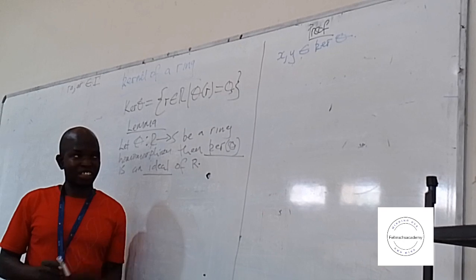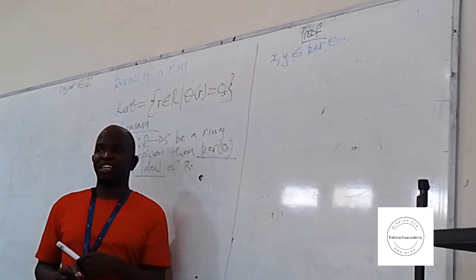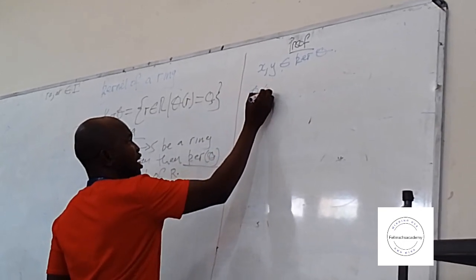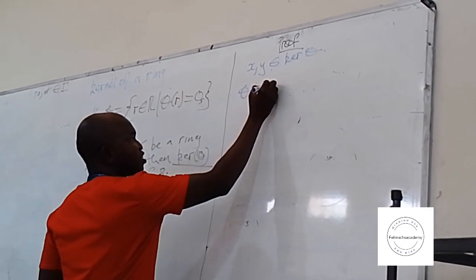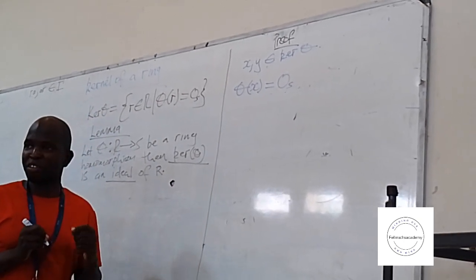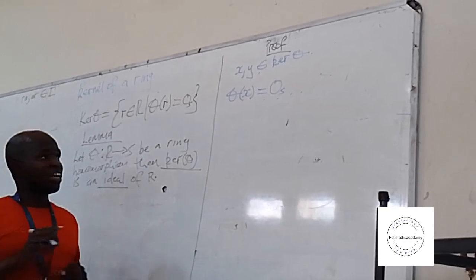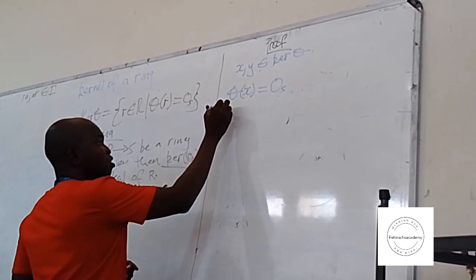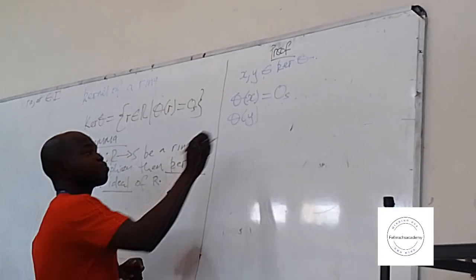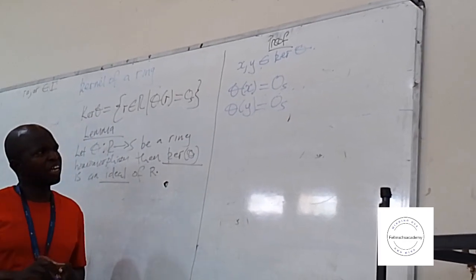So, we follow the same pattern. We are taking theta x is equal to 0_S, the identity of S. I'm breaking that statement so that you understand where it came from. Then we also have theta y equal to 0_S. Why?